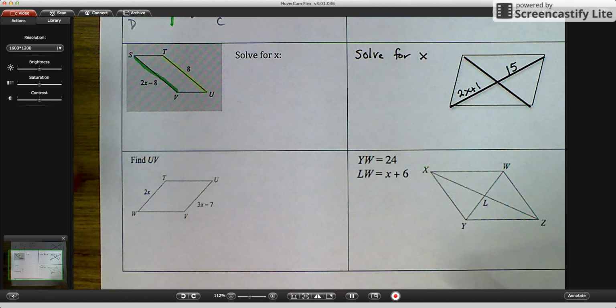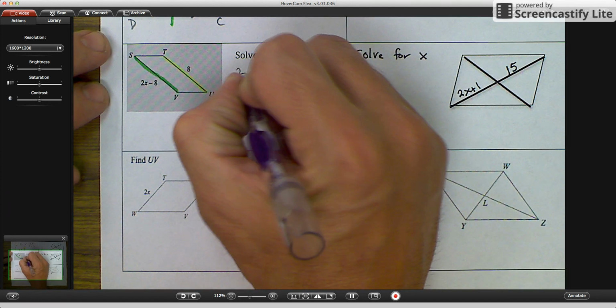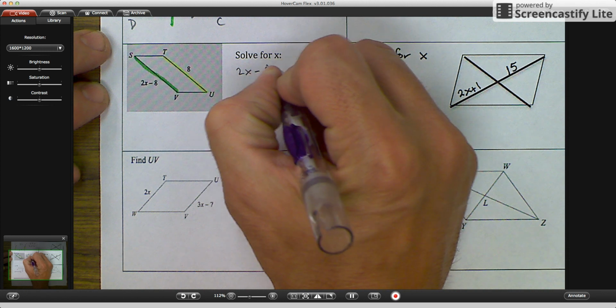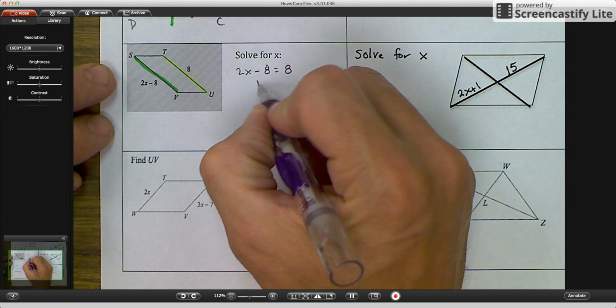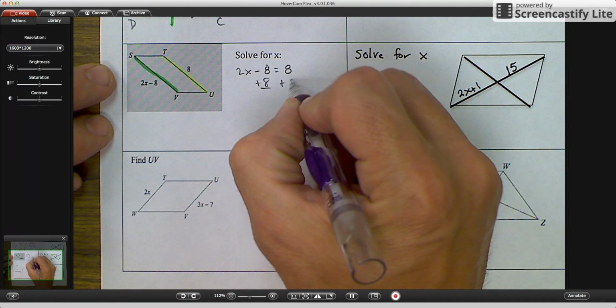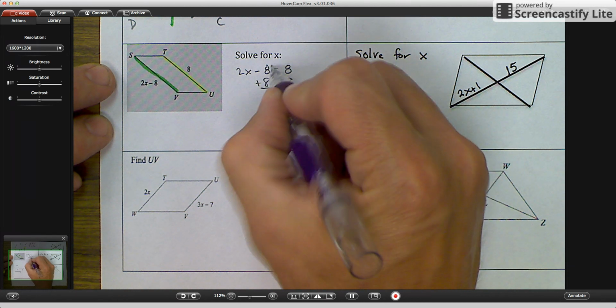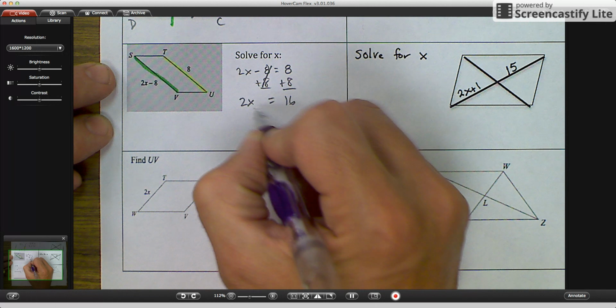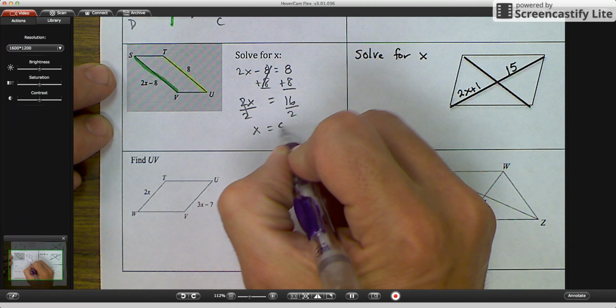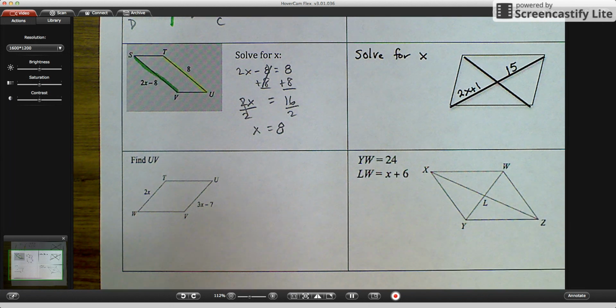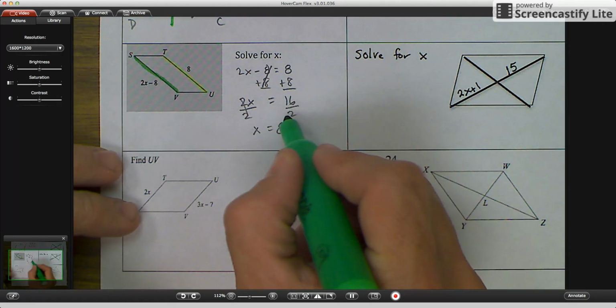So, solve for x, 2x minus 8 is equal to 8. And then I'm going to add 8 to both sides. I'm going to solve this equation. Divided by 2. And I find that x equals 8. It asks me to solve for x. I have found that x equals 8, so I am done.